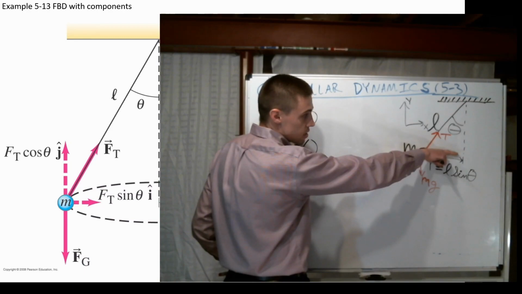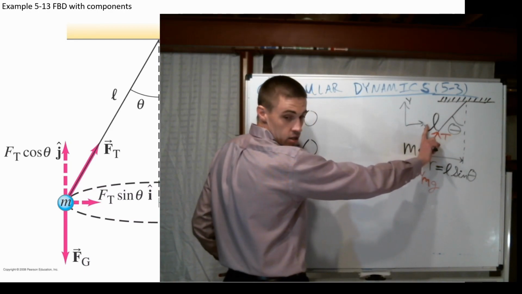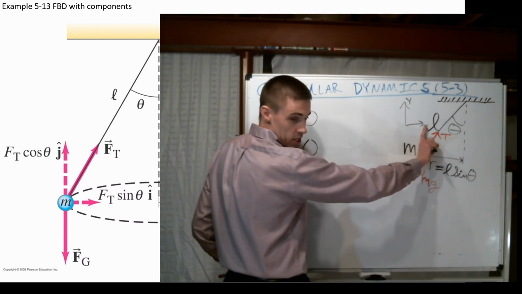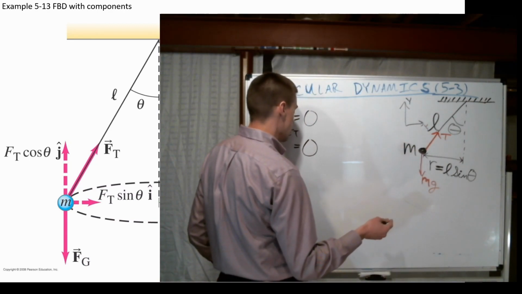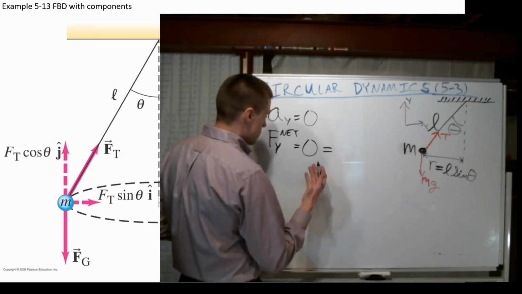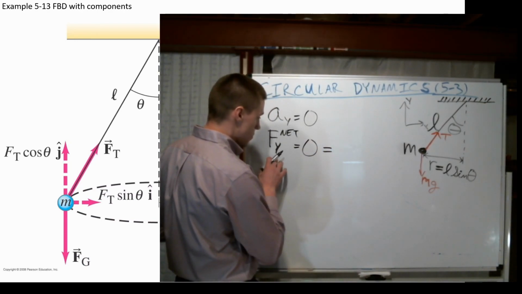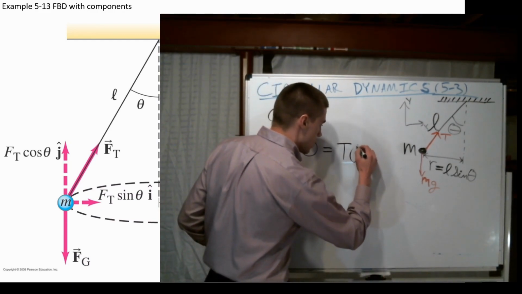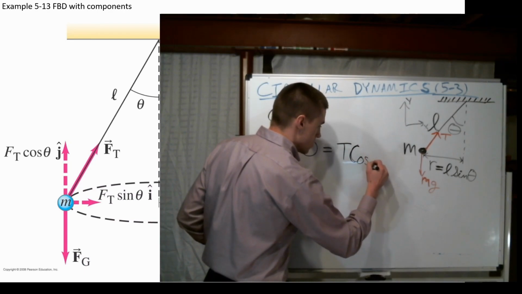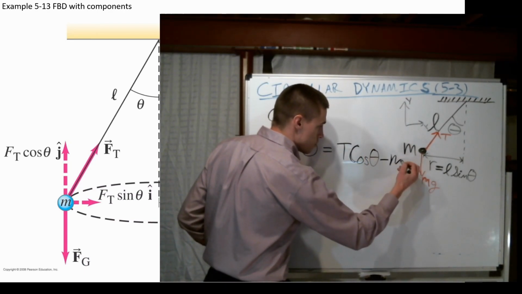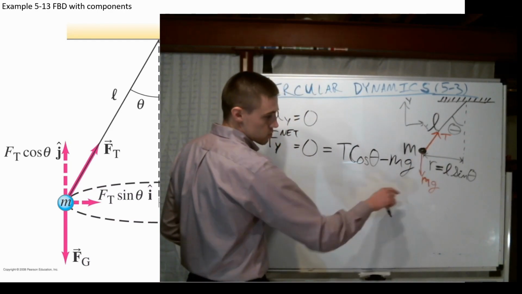Tension times cosine theta will give me the component of the tension pointing up in the y direction. So my net force in the y direction is going to be tension times cosine theta up minus mg, which goes down.